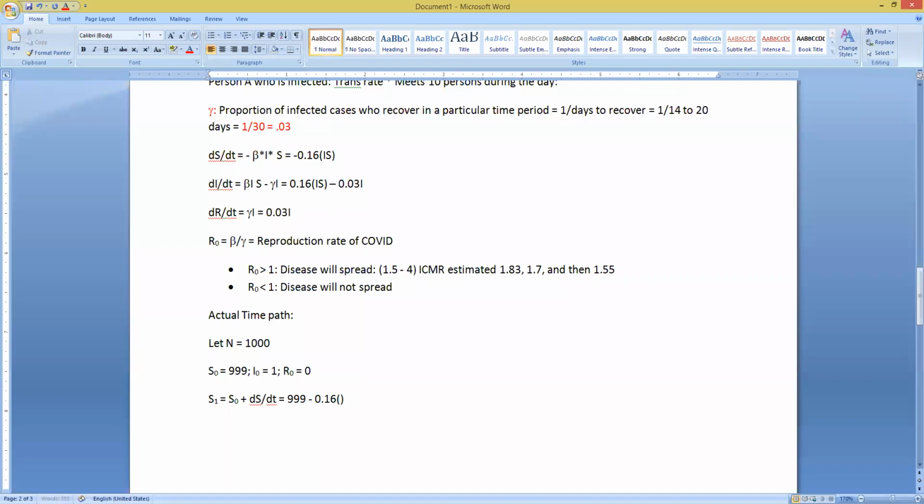It is 1, and S is 999. Okay. So we can find out what this is.